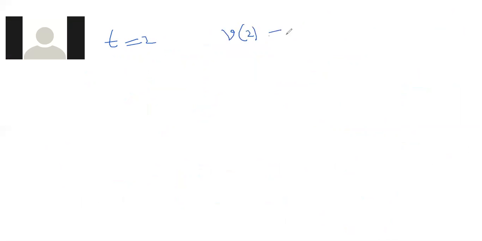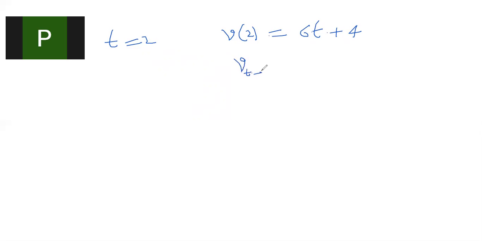What was the equation? 6t plus 4 was the equation. In this, you have to substitute t is equal to 2 here. Then what you will get is v at t is equal to 2. Understood that now? 6 into 2 plus 4 is equal to how much? 12 plus 4, 16 meters per second.